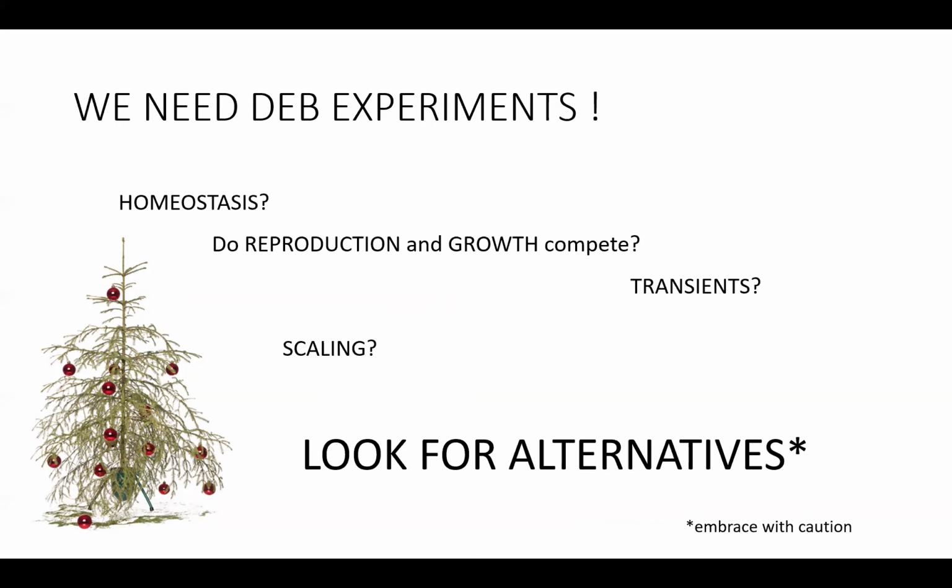We should look for alternatives, not maybe jump at them without checking, but I think DEB theory in general is now mature enough that we can require tests specific to the theory. So how does homeostasis work? How do reproduction and growth compete? Let's test these things. Ask for funding that specifically lets us develop the theory further.